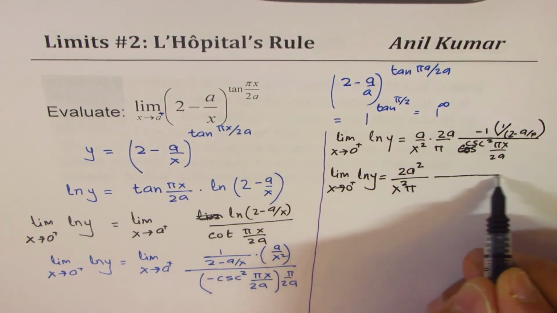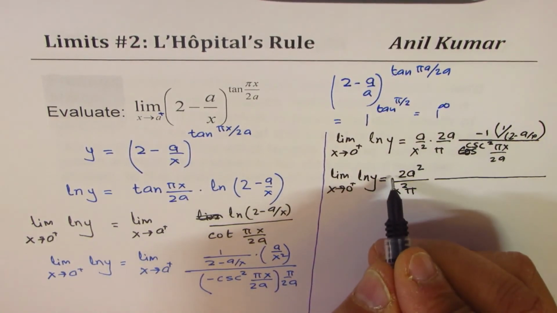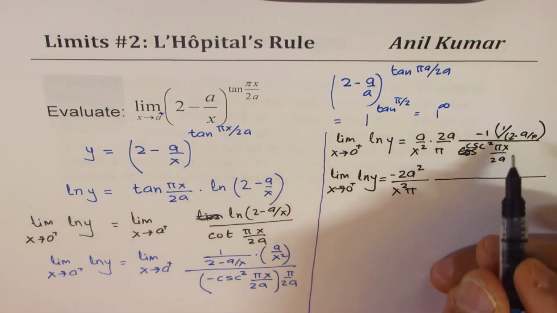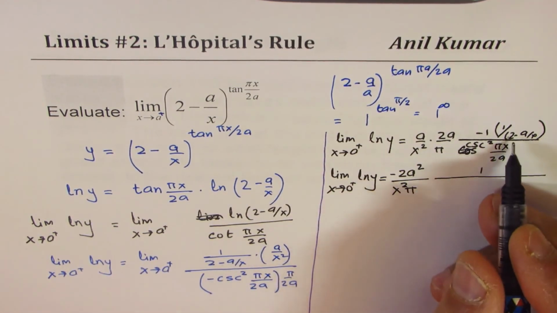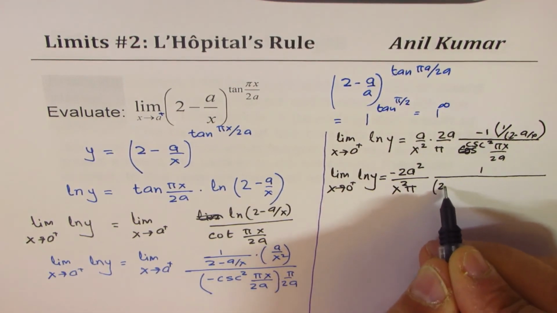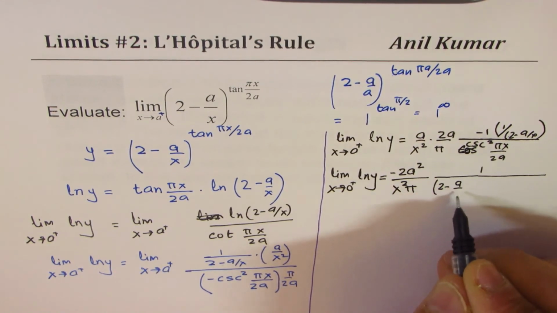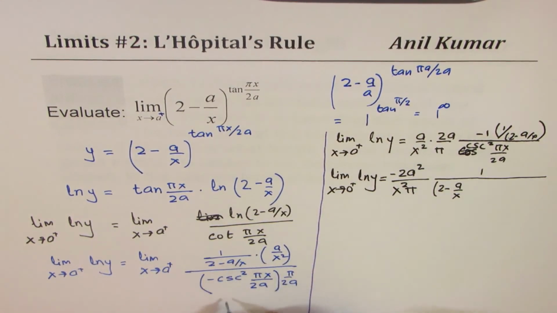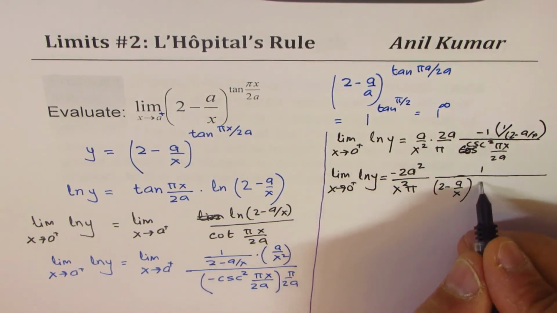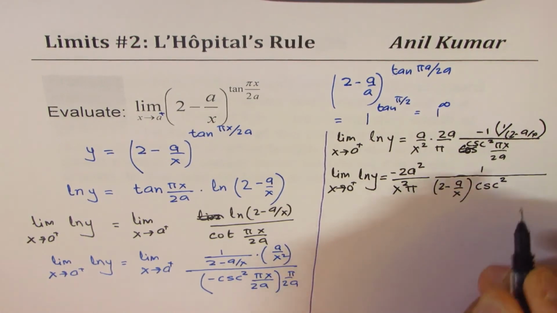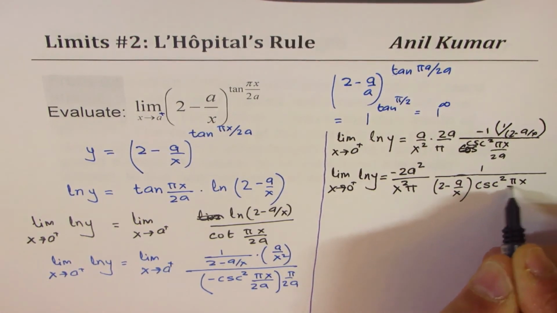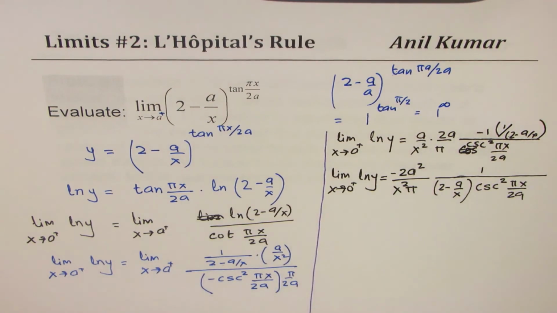This expression here, let me rewrite this, is negative. So I'm writing negative here now. 1 over, this is (2 minus a over x), correct? So I wrote this in the denominator times cosecant square(pi x over 2a). So basically I rewrote it.